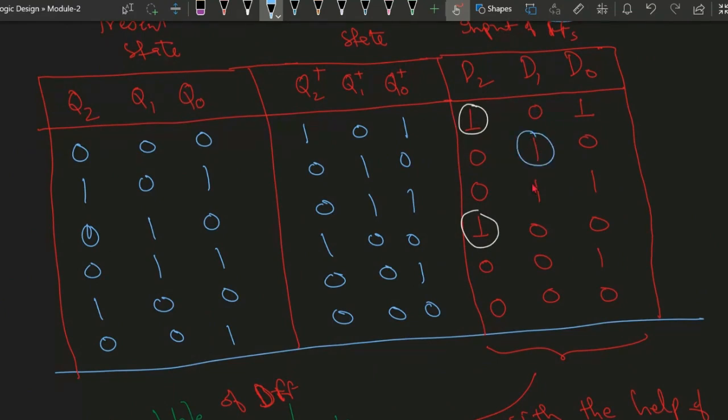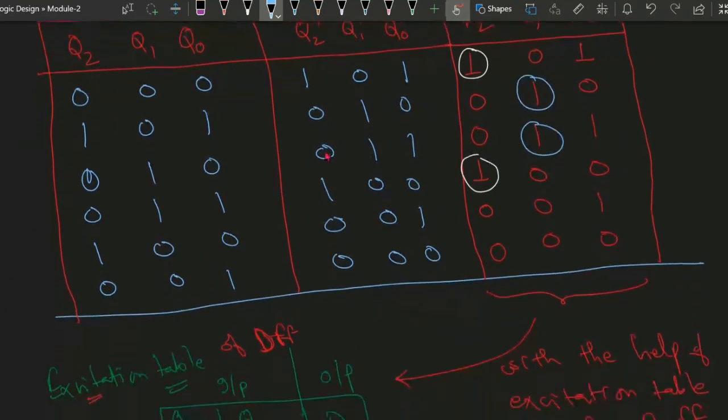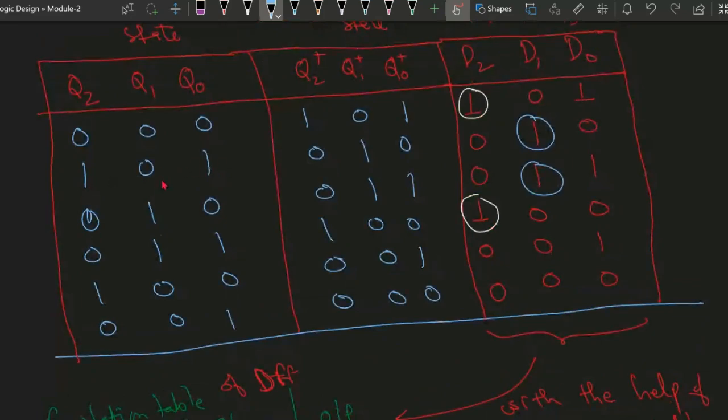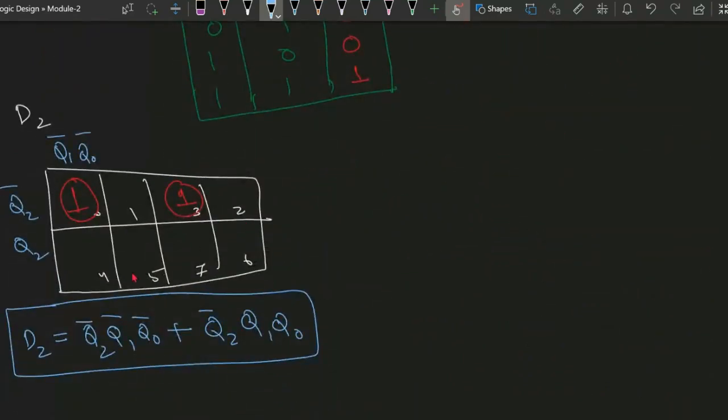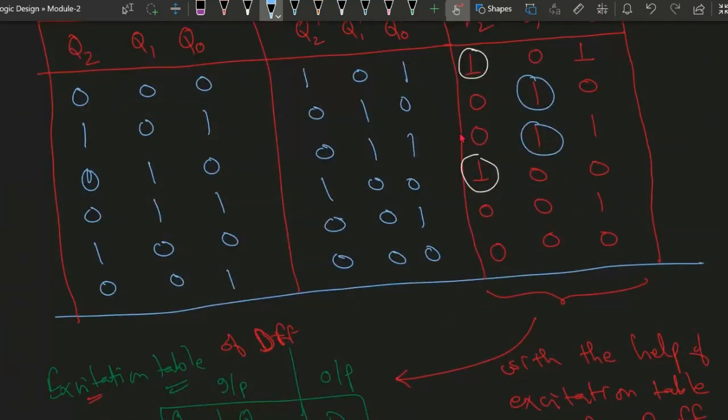So for D1, these are the min terms. This is 5 and this is 2. So 5 and 2, again they are not related. So for D1, the expression we can get directly from here.